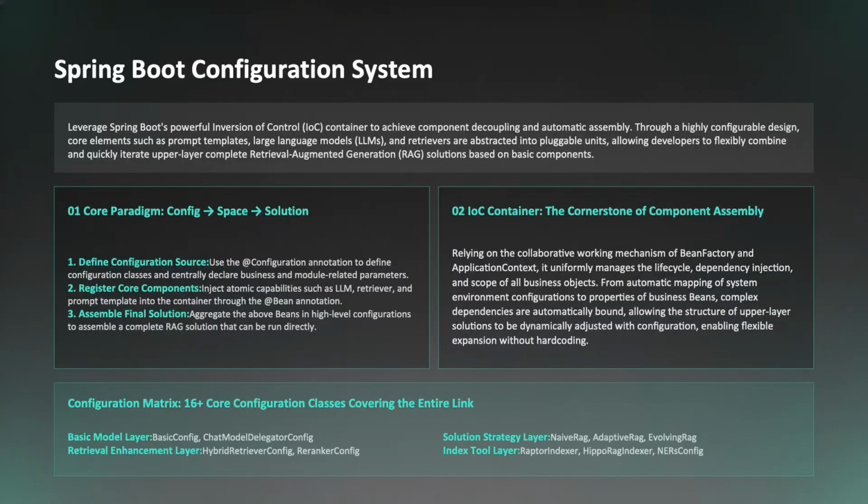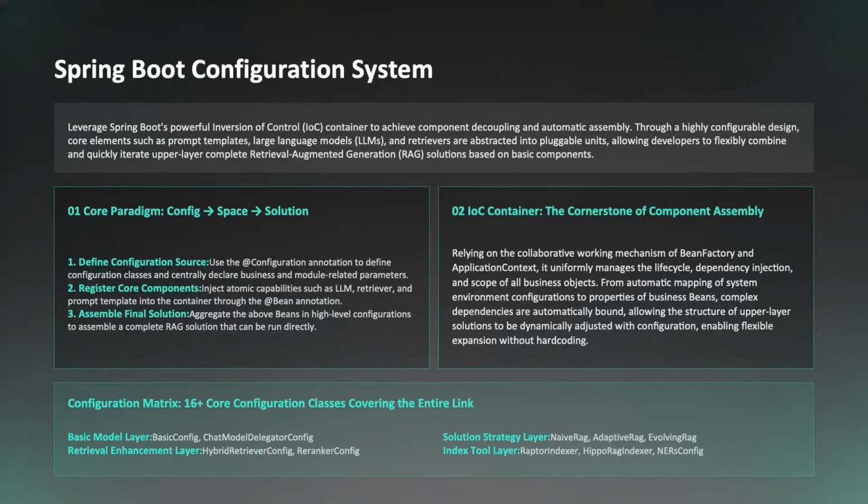Underlying this is Spring's Bean Factory, an application context system, which uniformly manages object lifecycles, dependency injection, and bean scopes. System environment variables automatically map to component properties, eliminating hard coding and enabling dynamic pipeline adjustment purely through configuration changes. We've built a complete configuration matrix with over 16 core configuration classes, covering every pipeline stage.